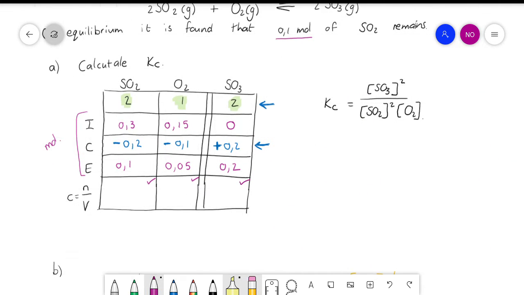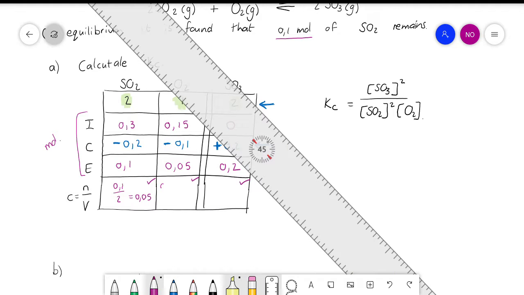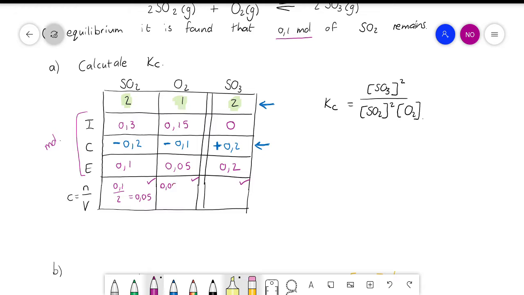For each of them you use this equation, and now you put in the values you want. So this one is 0.1 to the power of 2 over 0.05 to the power of 2 times 0.025. No unit, good.